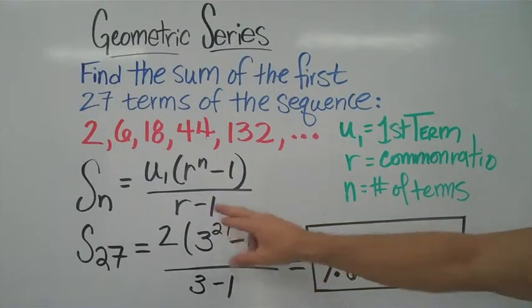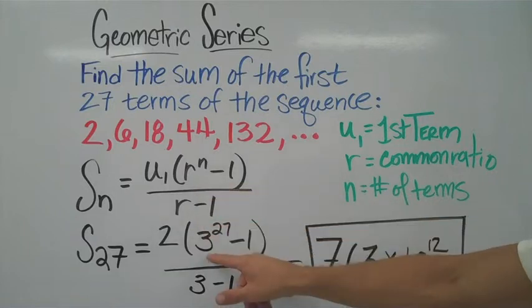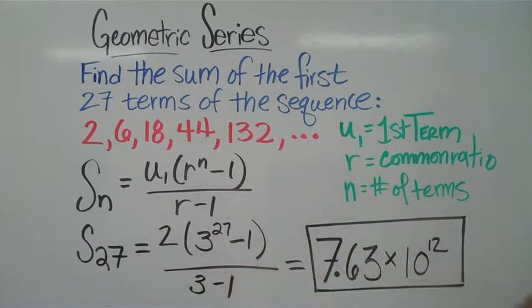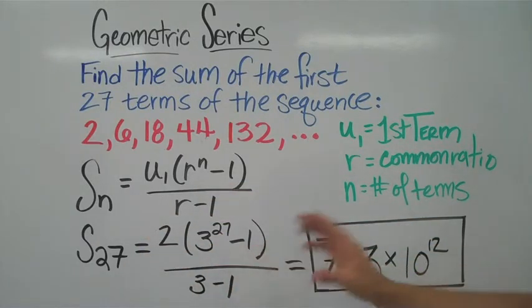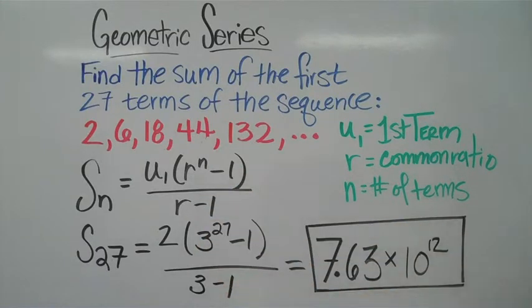We're using this because when we do r, our common ratio, 3 minus 1, we get a positive denominator. Our first term is 2, so I plug that in. Our common ratio is 3. We're interested in 27 terms, so I put that there. Minus 1. The whole 3 to the 27th, get that answer, minus 1, times 2, divided by 2, gives us 7.63 times 10 to the 12th. Another huge number.